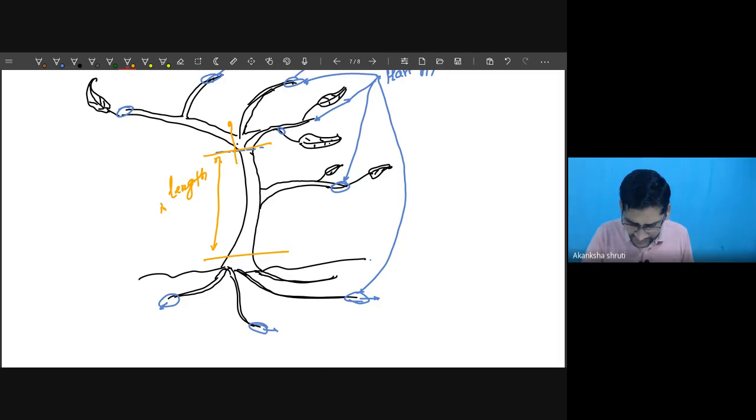This also increases, very slowly, not very fast. One is this. Another, if you consider this diameter or this girth, so this also increases.